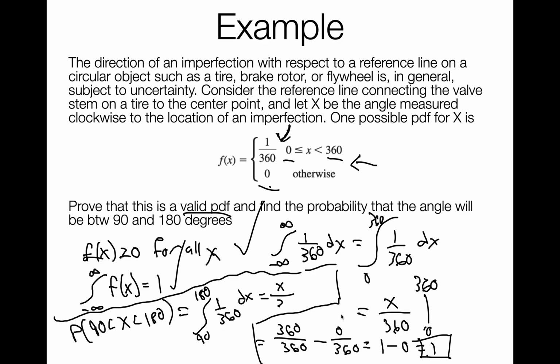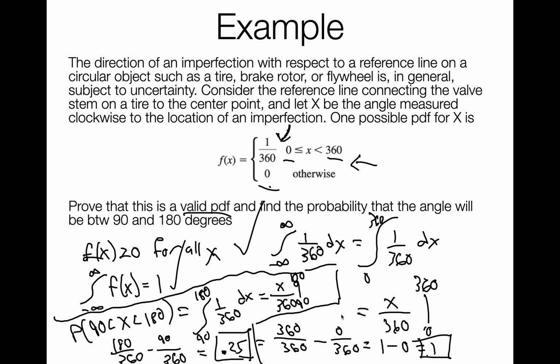We get x over 360 evaluated at 180 and 90. And sorry, my things are sort of coming together there. But anyway, we substitute in 180. We get 180 over 360 minus 90 over 360. And that's equal to, when you do the math, a quarter, or 0.25.